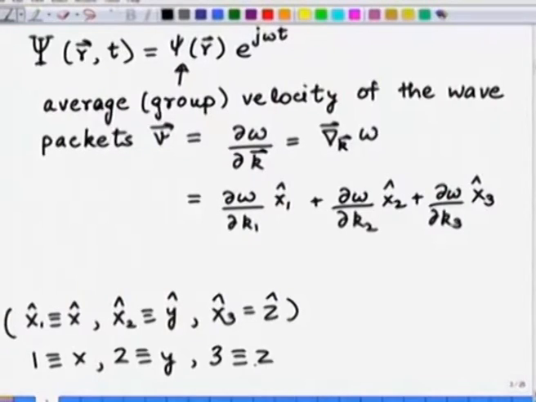The three notations 1, 2, 3 are really the symbols of the orthogonal coordinates, which if Cartesian, are x, y, z, and in the way I have written it expanded, it is of course implied to be the Cartesian coordinate system here. So that is how I have written the group velocity.